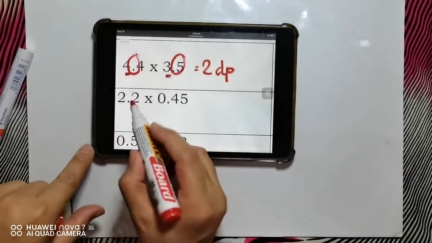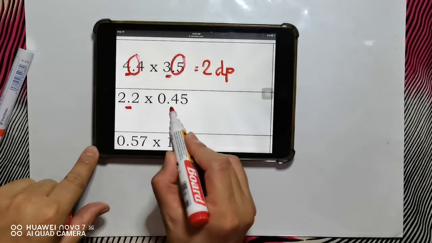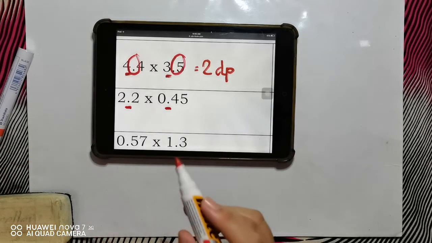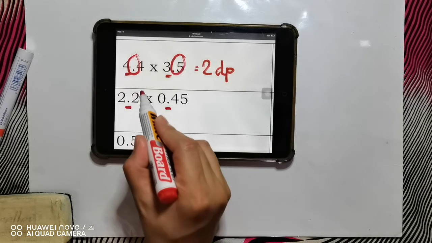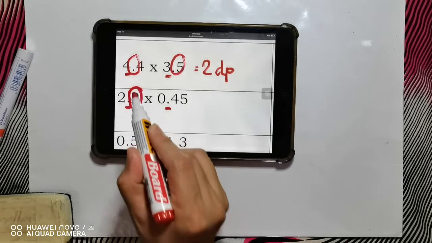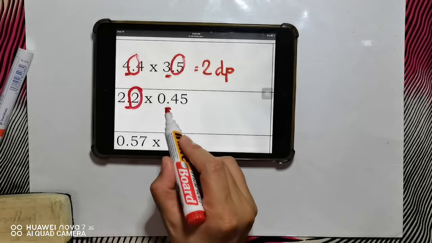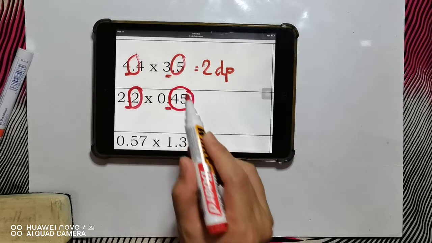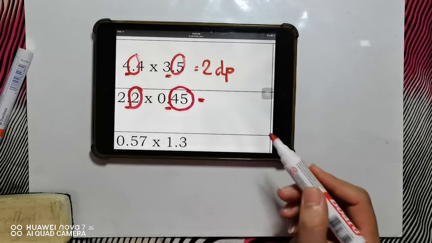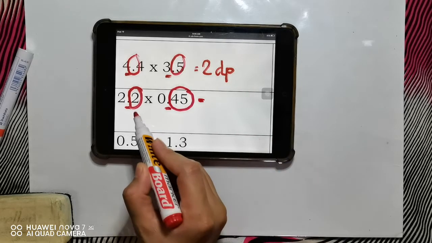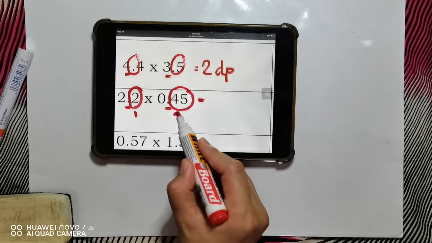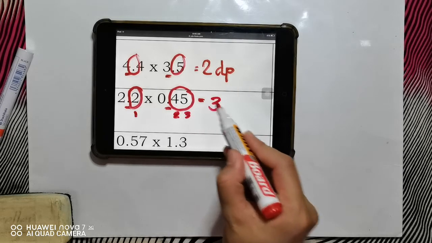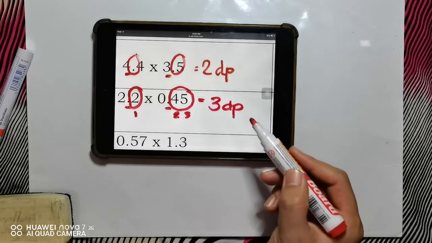We have here the decimal point and we have here the decimal point. Okay? From the decimal point, ilan yung number sa kanan? Now, count the number of decimal numbers. So, we have here 1, we have here 2, and then we have here 3. So, therefore, we have 3 decimal places.